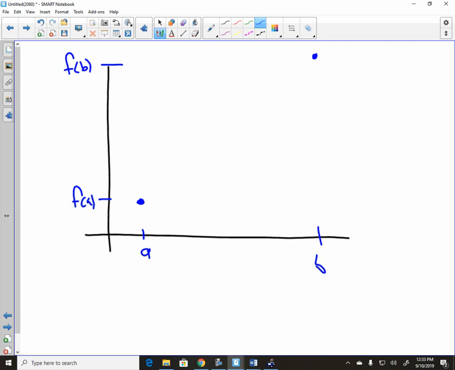Everybody okay with that? And I've got a value n. The question is, can I get from this point to this point without crossing the red line? It's a game. Do you think I can do it?